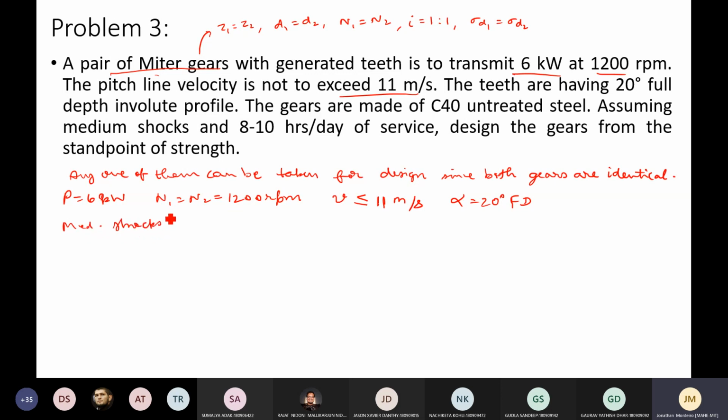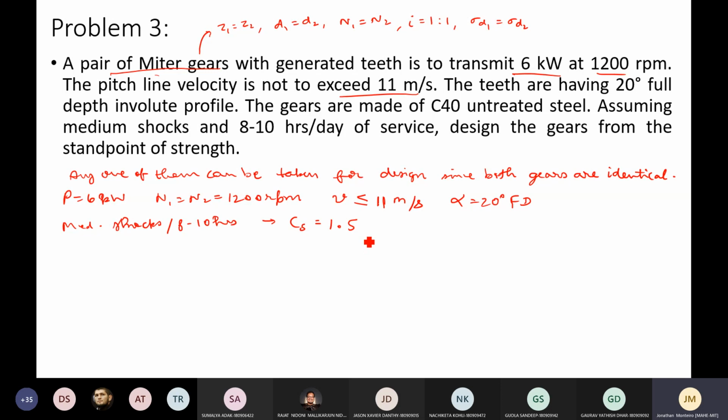Medium shocks, 8 to 10 hours per day of service. So that service factor, if you check out, comes out to be 1.5. You know how to check this value in the table. We have done it for all the problems. Similar way, we can check this out. You have to design the gears from the standpoint of strength.